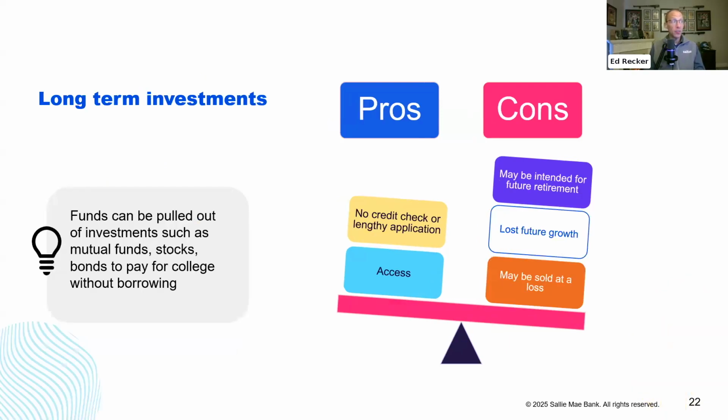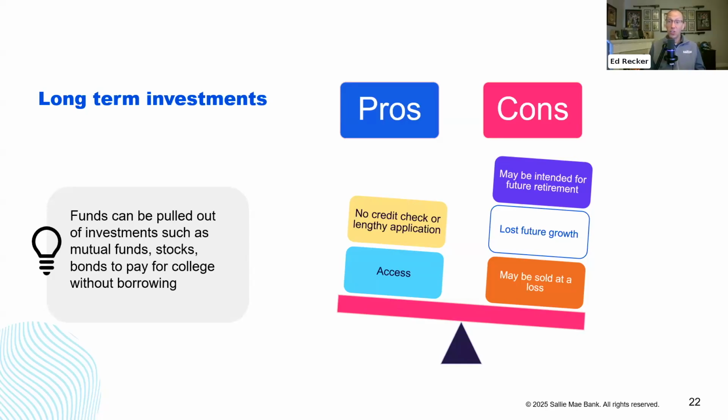Similarly, long-term investments. You could pull these out of any types of stocks or bonds, mutual funds, anything like that. Again, no credit check, and it's pretty easily accessible. But again, some of those cons. This could be supplemental or even primary retirement funding income. So you really want to weigh that.